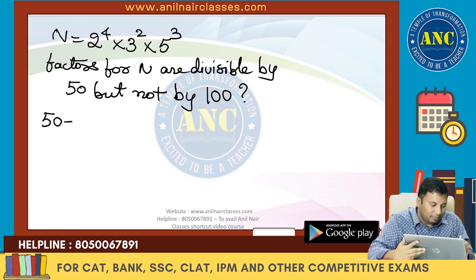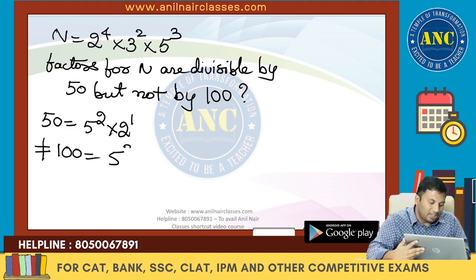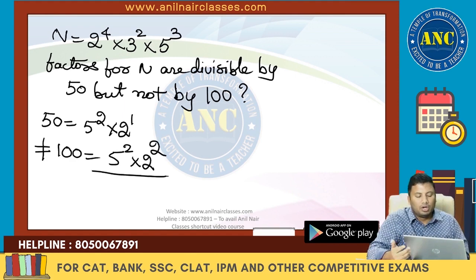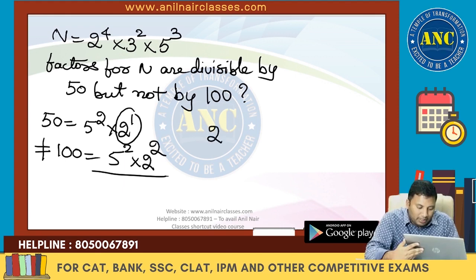How many factors of n are divisible by 50 but not by 100? 50 is nothing but 5 square into 2 power 1. It is not divisible by 100, so 5 square into 2 square should not be there. To get 50, 2 power 1 should be there.